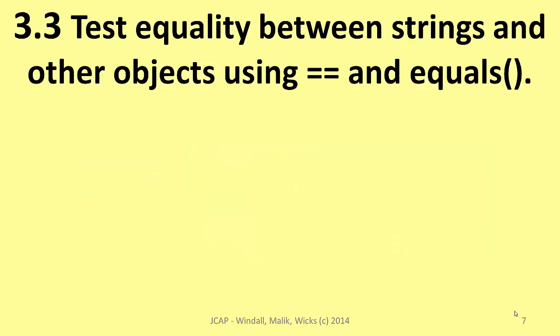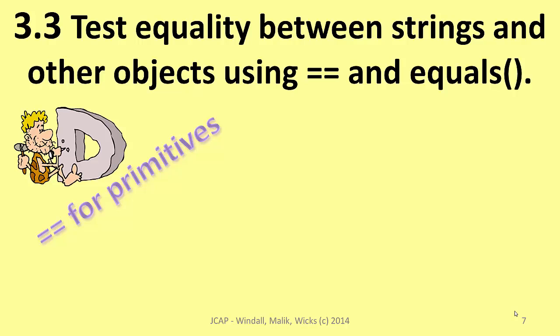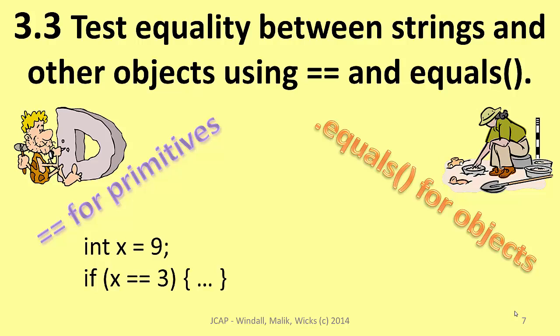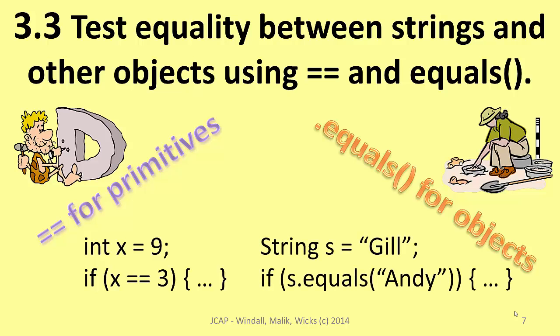Let's move on. Let's test the equality between strings and other objects using equals equals and equals. Well, for primitives, we use equals equals. So integer x is being defined as being 9. If x equals equals 3, then we can do whatever is in the curly brackets. Whereas for objects, well, strings are objects.